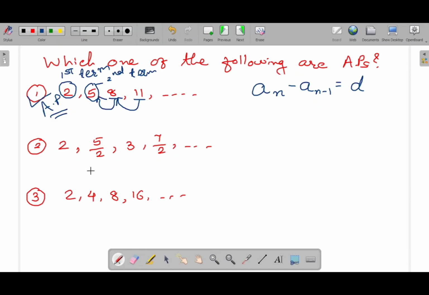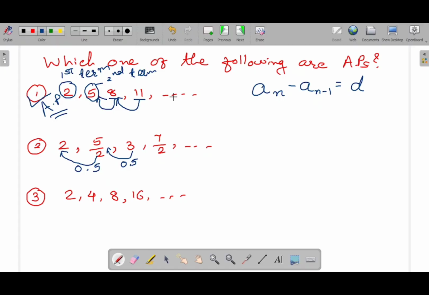Now let me check for the second one. Here, if I subtract 2 from 5 by 2, the difference is 0.5. Similarly, when I subtract 3 minus 5 by 2, again the difference is 0.5. If you are calculating in fractions, the answer can be 1 by 2.